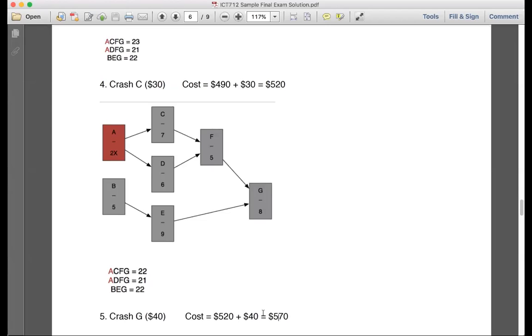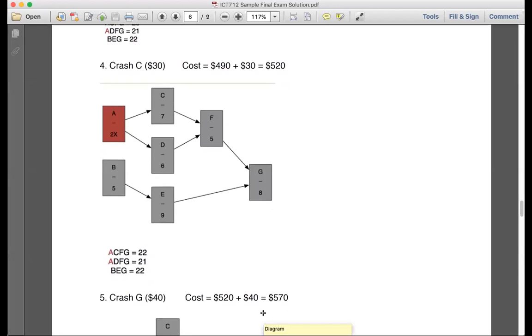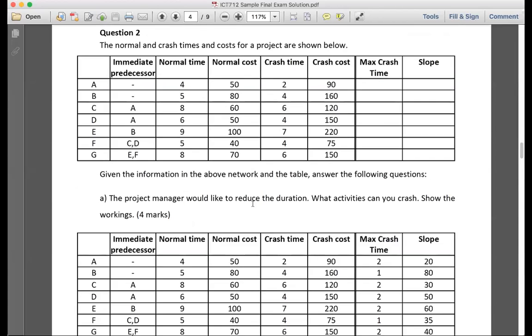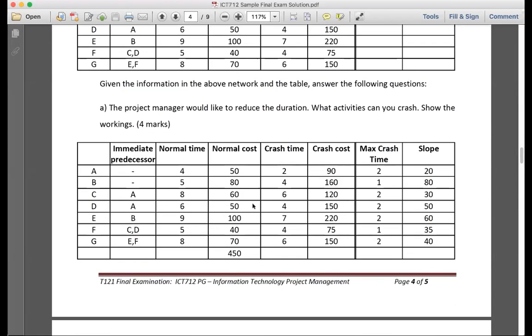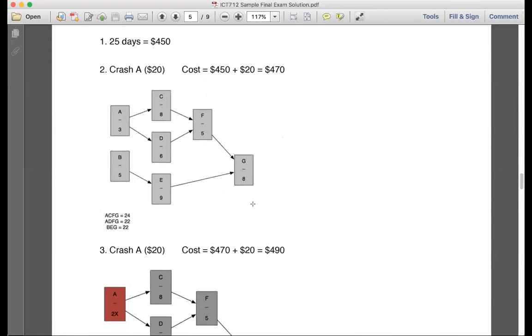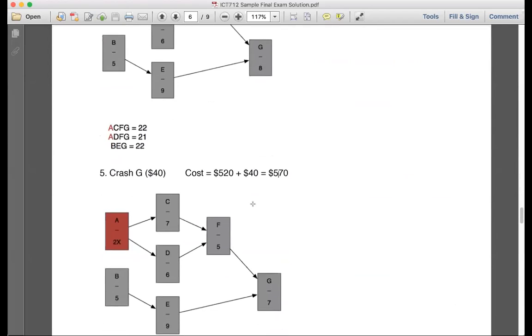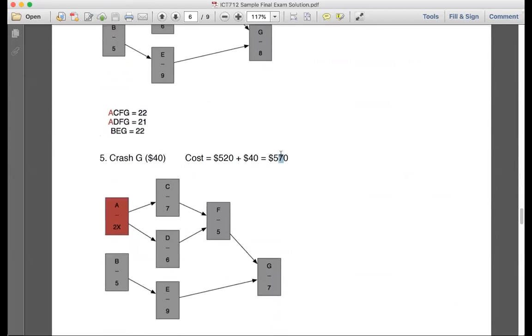If I look here at 560, how many times can I crash G? How many times? Scroll the screen, sir. Okay, let's go up. 2 times. So I'm crashing it 1 time now because it's going to reduce from 560.